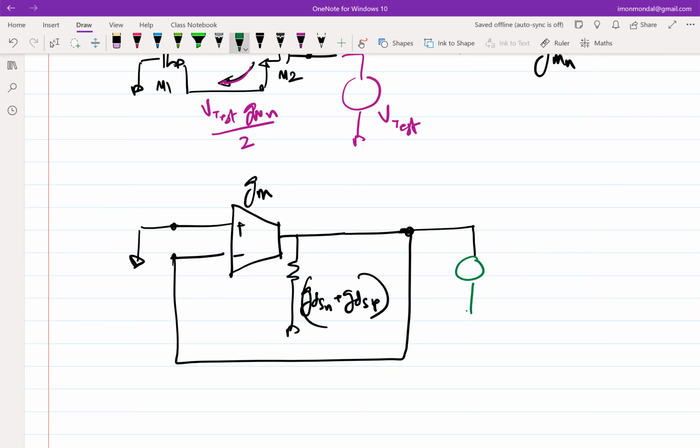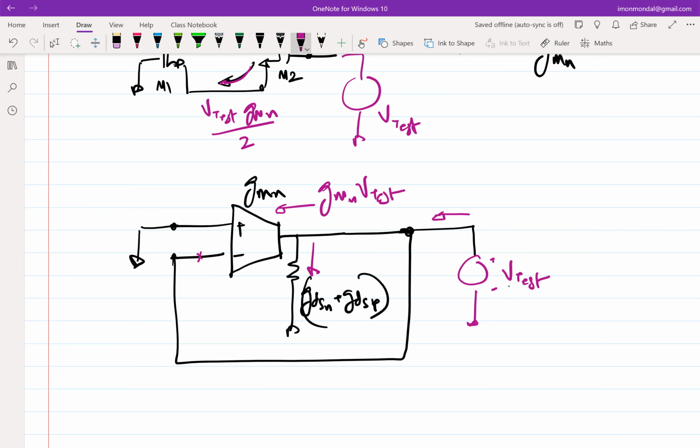So if this is V test, you have a current here that is V test times GDSN plus GDSP, but the more dominant contribution will come because this V test is appearing here. So it is exciting that GM, which means this current will be how much? This is GMN times V test.